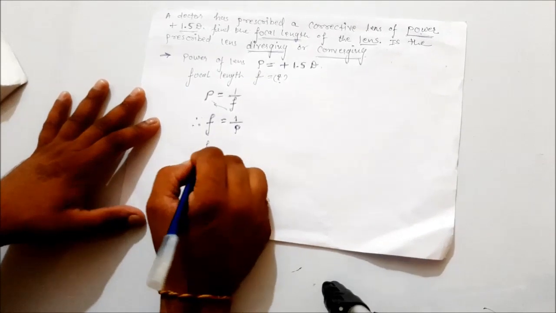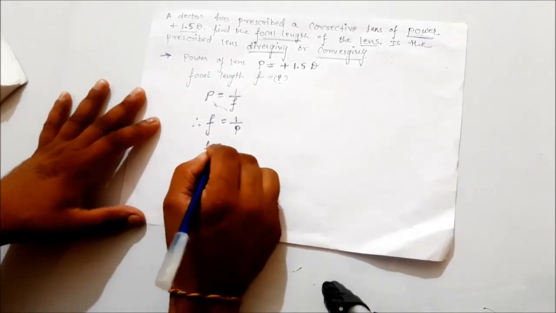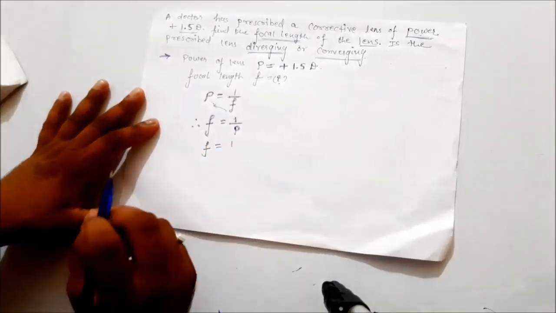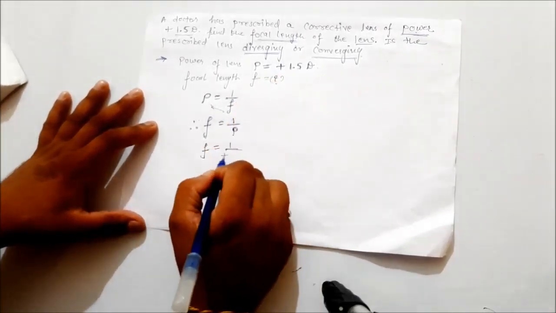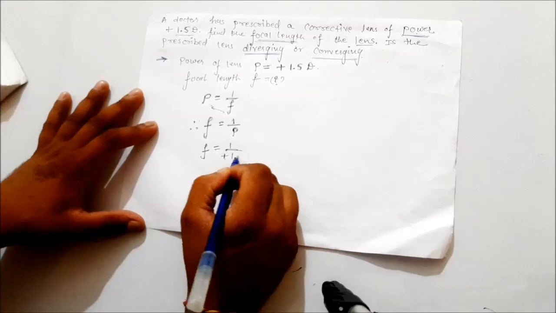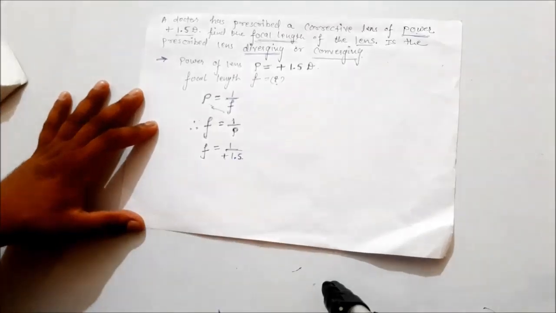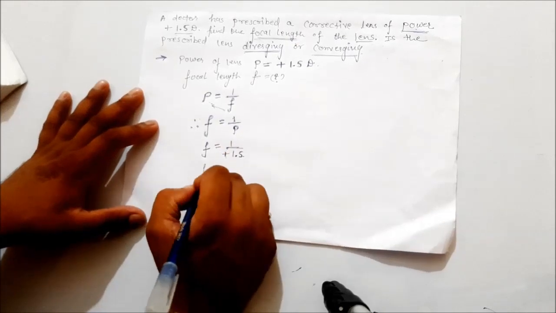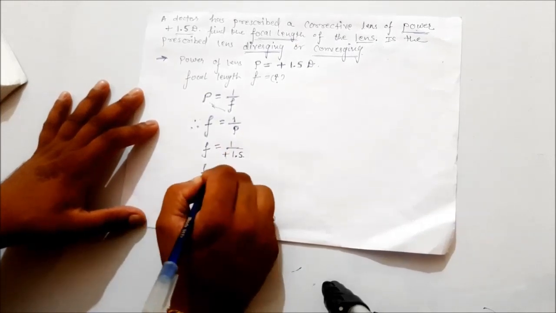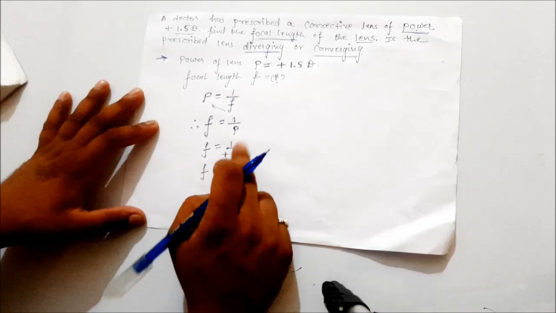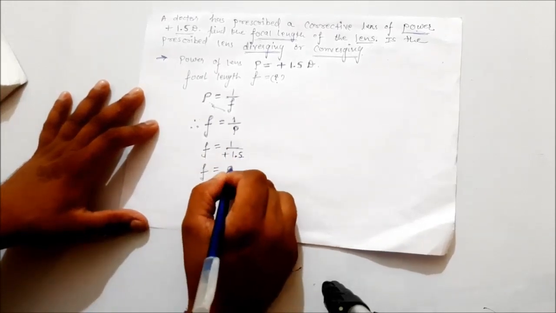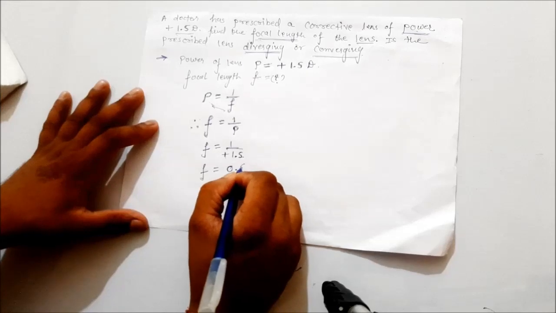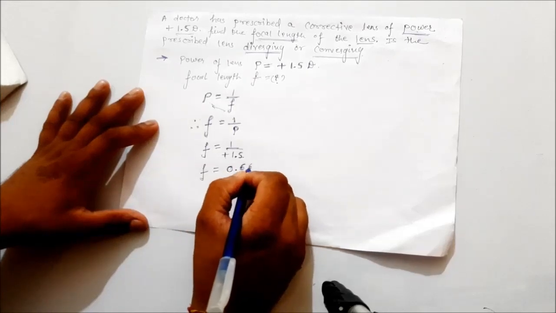Okay, good. F is equal to 1 upon, what is the power given to us? Its positive value of 1.5, and it is in diopter, right? So if we calculate this, here we will have 10 divided by 15. So generally our answer will be 0.66.